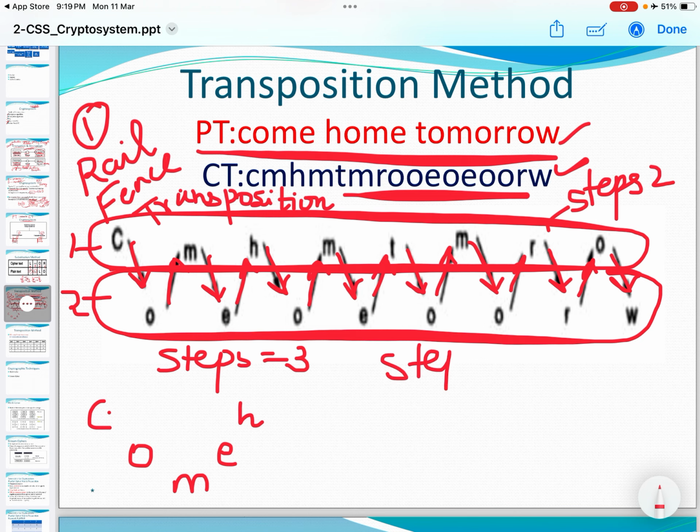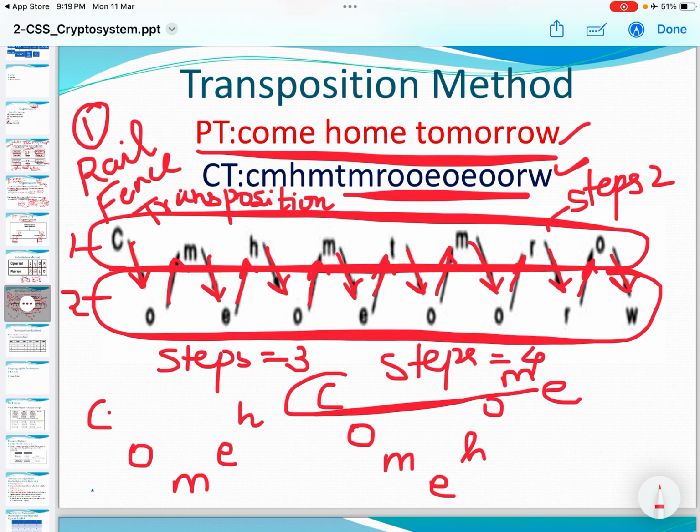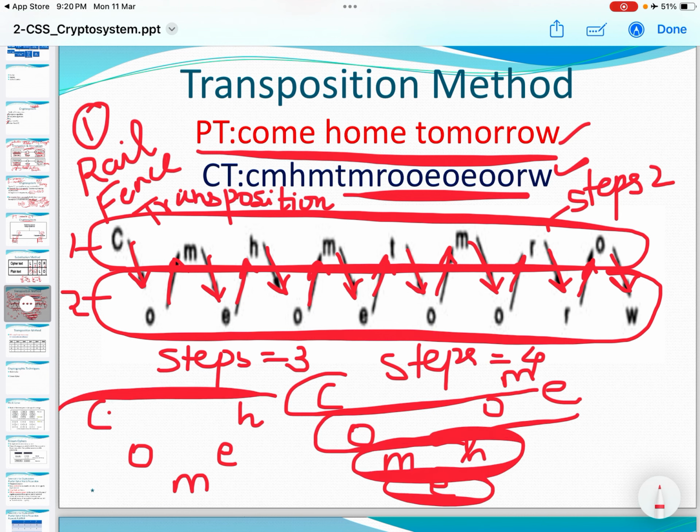If I say steps used is equal to 4, then I write COMEHOME. So in that what will happen? CM will come first, then will come OOE, then MH and then E. Here CH will come first, then OE, then M. So it depends on the number of steps used.